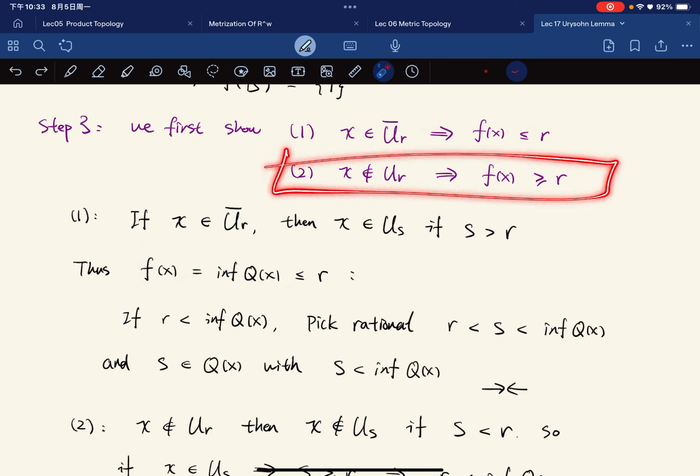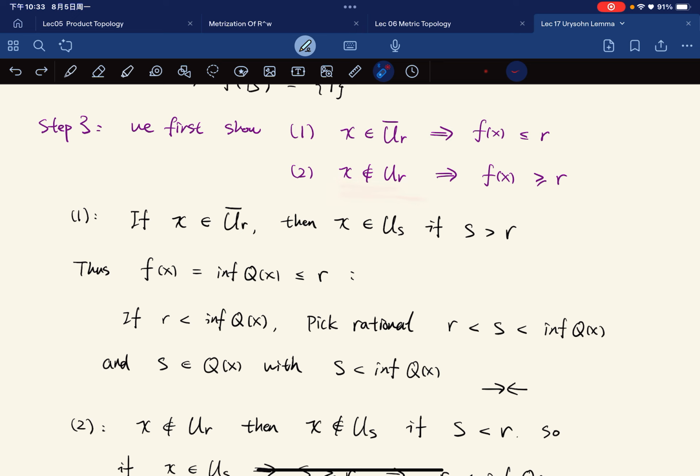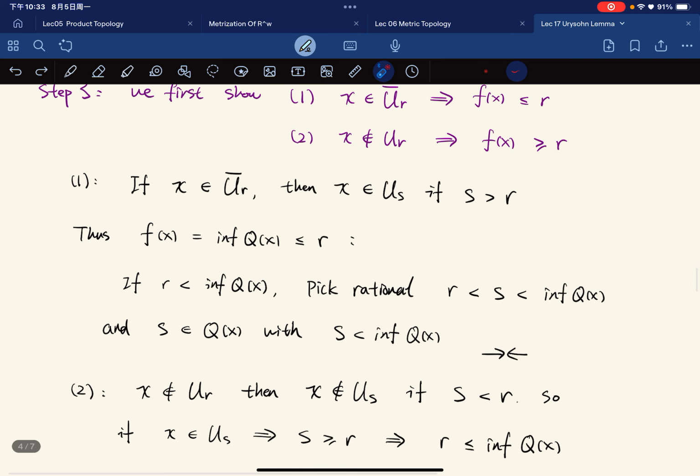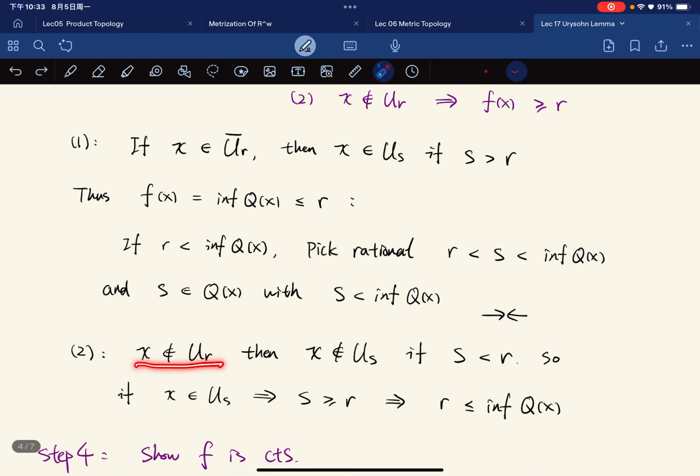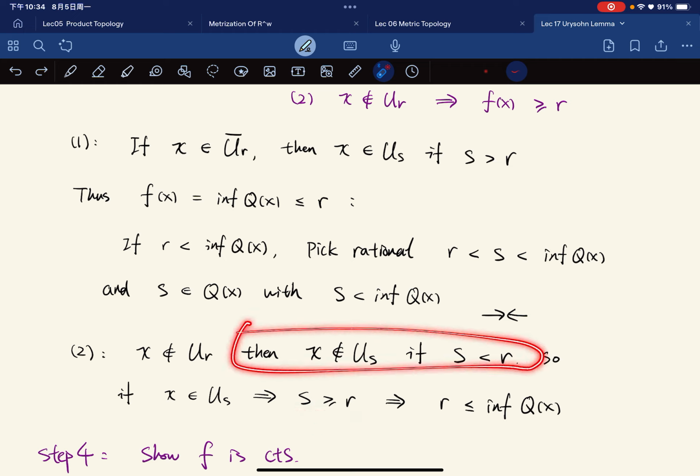Now let's look at the second one. If you're not in ur, then f of x is greater than or equal to r. If you're not in ur, then you're not in us for any s strictly less than r, right? If you're not in ur, then you're not in any subset. So if x is in us, then s must be greater than or equal to r. This is by contrapositive, right?